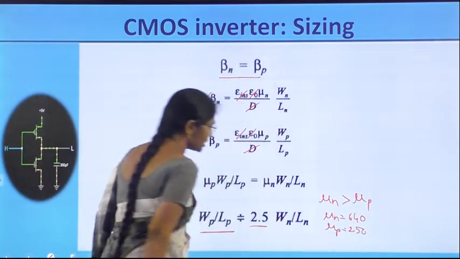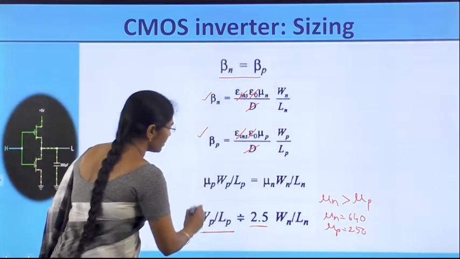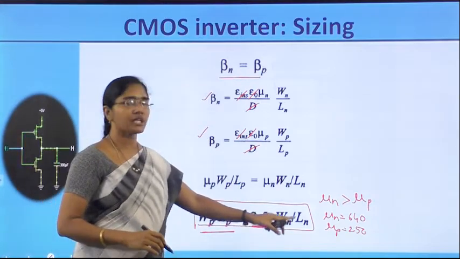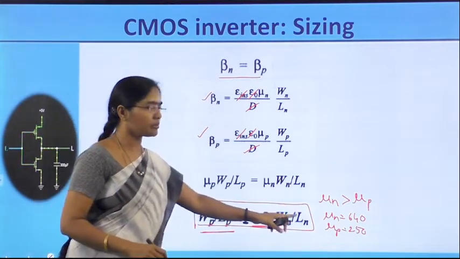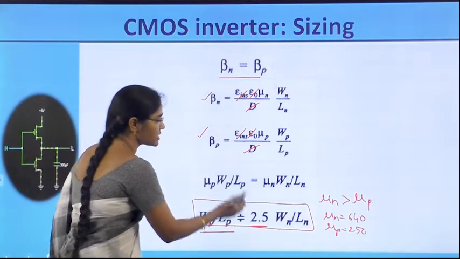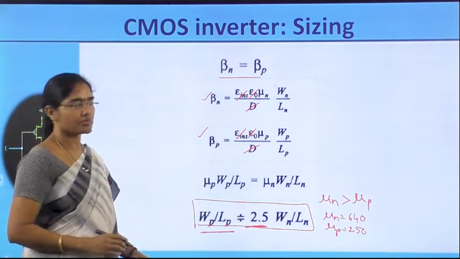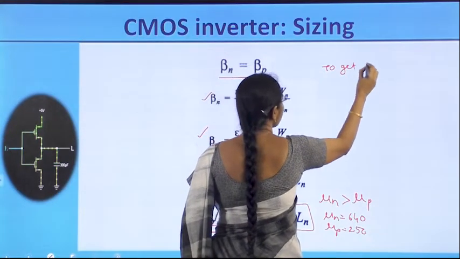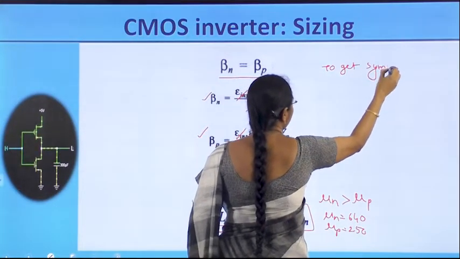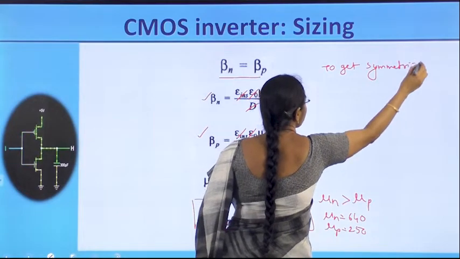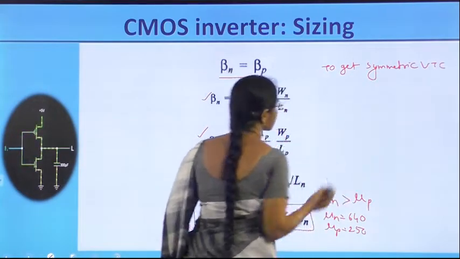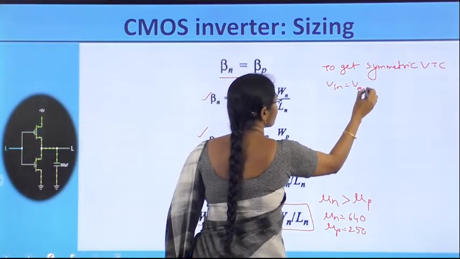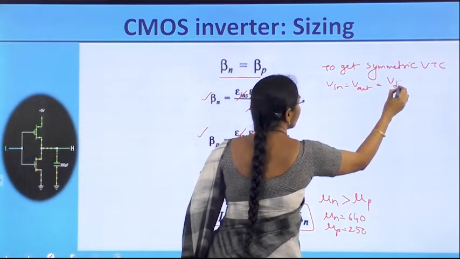By substituting this, we get Wp by Lp is equal to 2.5 times Wn by Ln. We are taking approximately 2.5 times. That means to get symmetric voltage transfer characteristic, or Vin is equal to Vout is equal to VDD by 2.